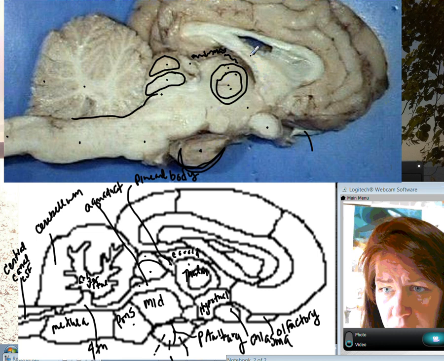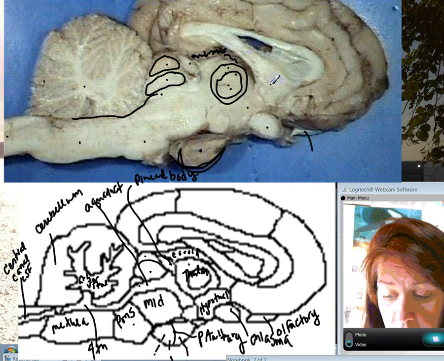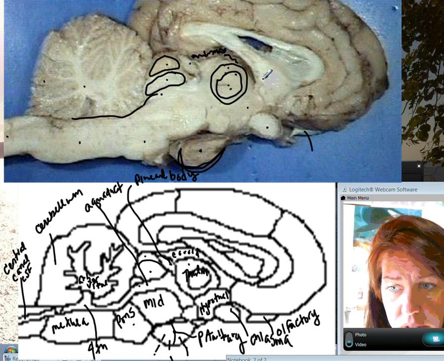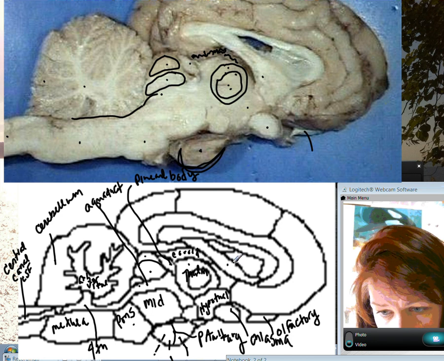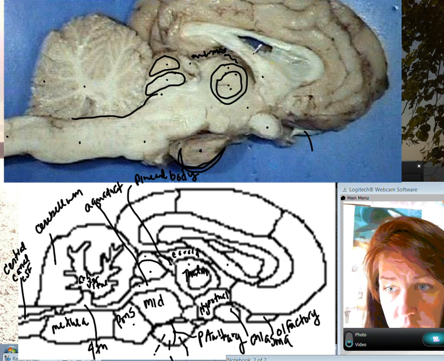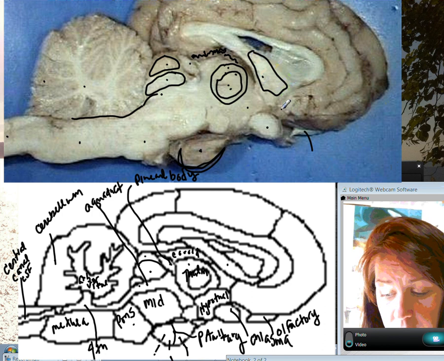Now, the region right over here was not covered, or maybe it was, is your fornix. No, I don't think it was covered. Fornix. So this area right there is the fornix. I don't think I'll ask that just because I didn't tell you about that in class.